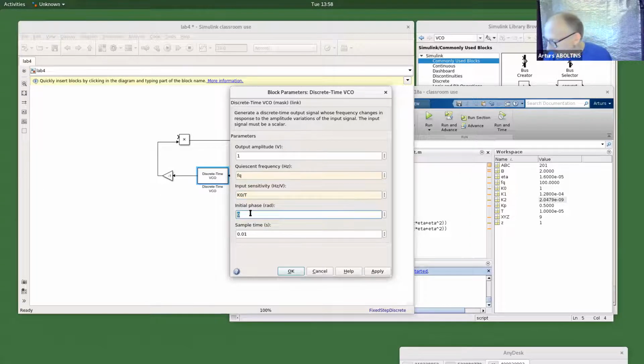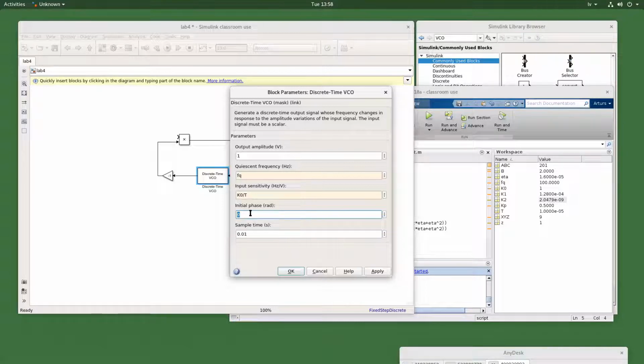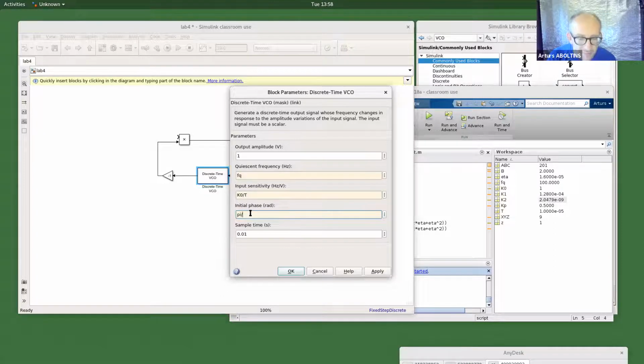Initial phase must be, I don't know, Astil put pi divided by 2, but I don't know if it is really necessary here. You put that in last class. Okay, so maybe it's a good idea, but I should mention this in this case also. And the sample time must be this T, yes.